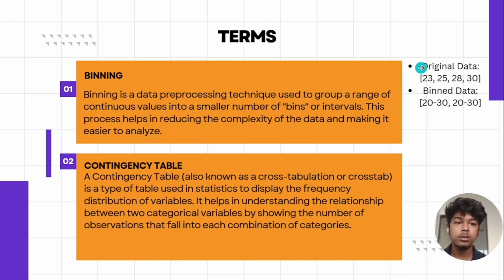For example, as you can see, the original data is 23, 25, 30, 28 and 30, but the binned data is 20 to 30 and 20 to 30 again. So we can make sure that there are two or more values in between 20 to 30 and again 20 to 30. As we can see, there are three values.